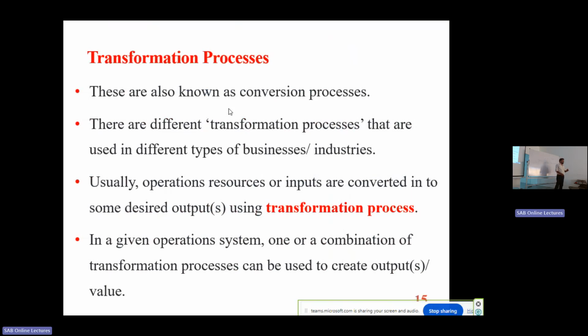Keep in mind, there are different types of transformations, not necessarily one. In different industries, different types of transformations can be seen. And usually operations resources or inputs are converted into outputs using these transformation processes.